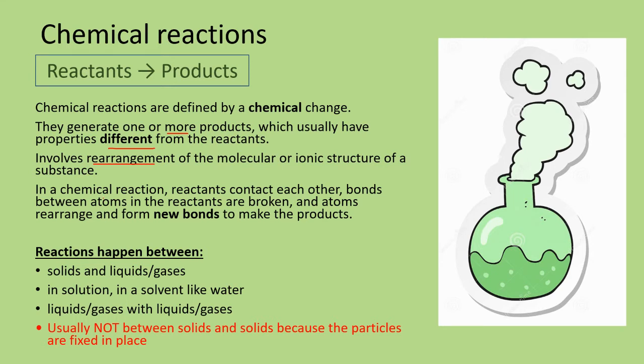In a chemical reaction, reactants contact each other, bonds between atoms in the reactants are broken, and atoms rearrange and form new bonds to make the products. So in a chemical reaction, it involves the making and breaking of chemical bonds. So the atoms get rearranged.